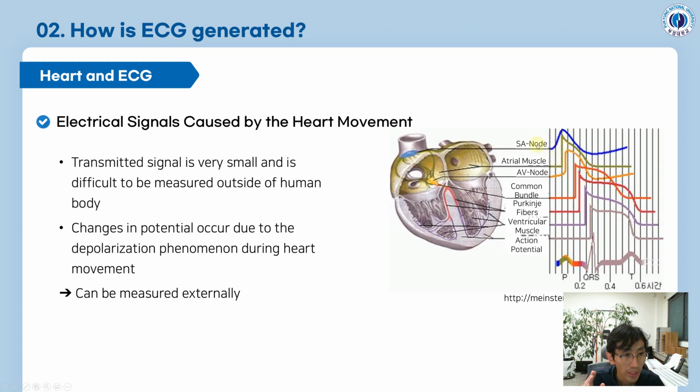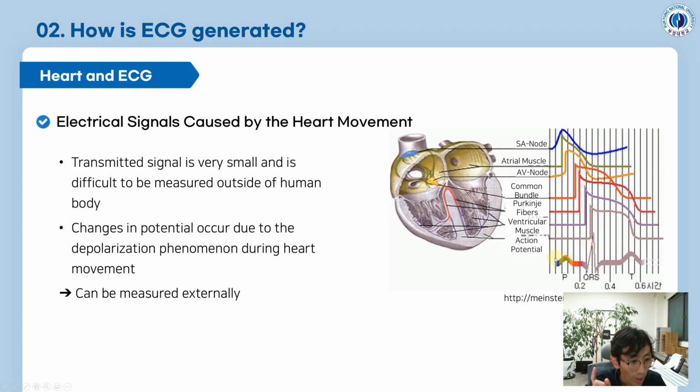At first the SA node signal occurs, and then the arterial muscle signal happens, and then the AV node signal occurs. So the signal is transmitted from the SA node to the other parts of our hearts. So our muscles' reaction time is going to be different according to the position. And finally, the action potentials occur at the bottom of our hearts, and then the signal finishes.